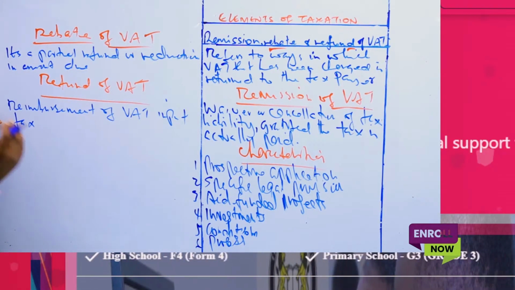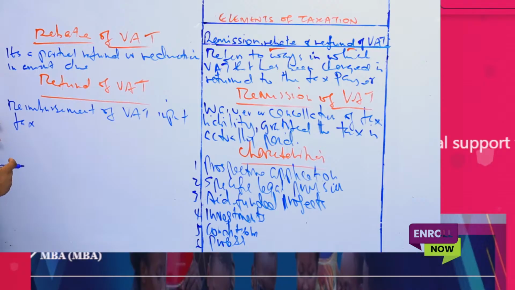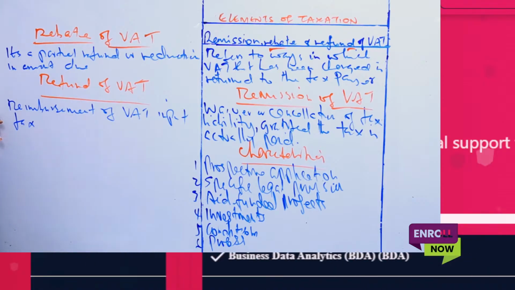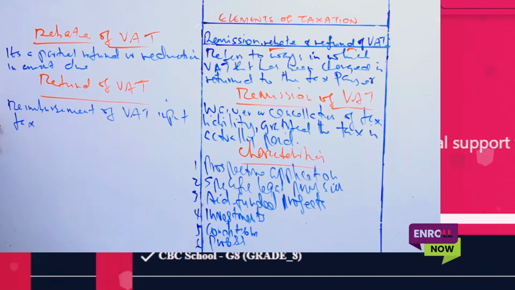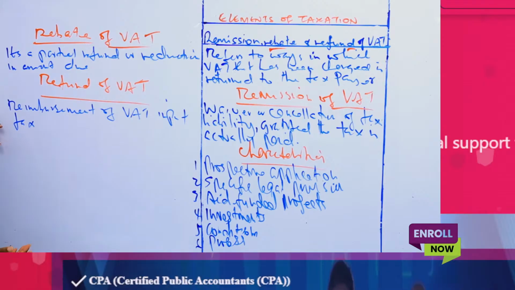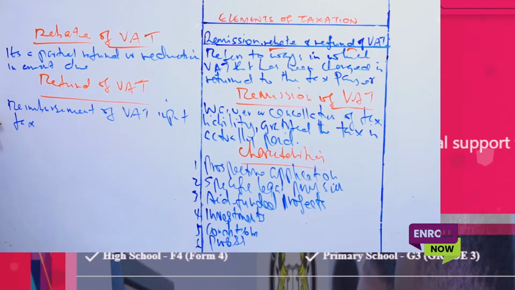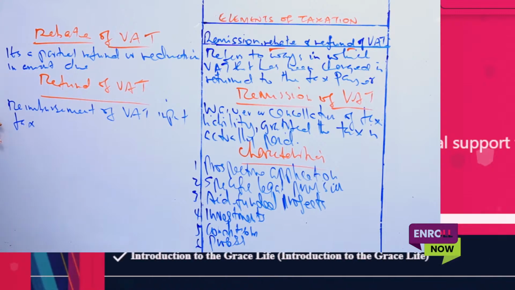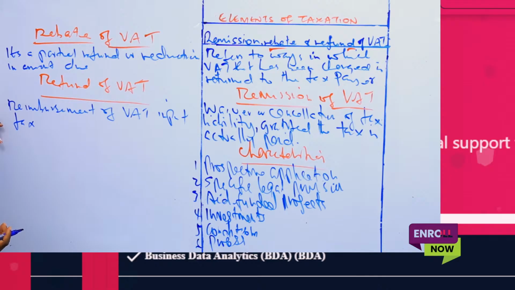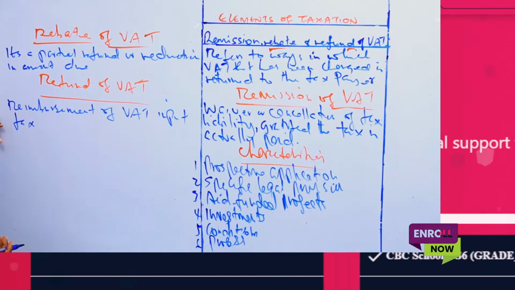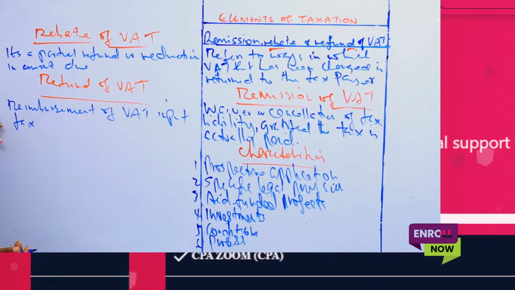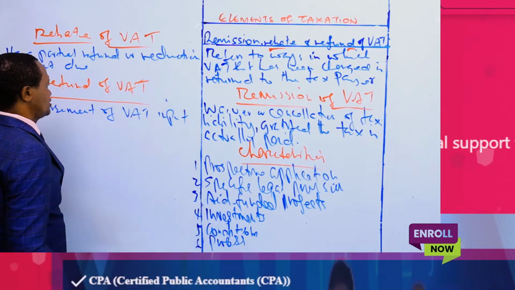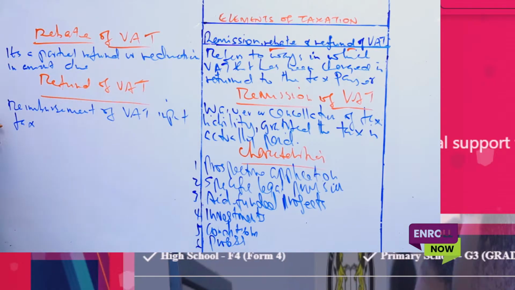It is a refund of tax paid in error, or just a refund of excess input tax. This occurs when the amount of input tax legitimately incurred exceeds the output tax charged during a given period, or when VAT has been incorrectly calculated. Refund of VAT is just the reimbursement of VAT input tax.